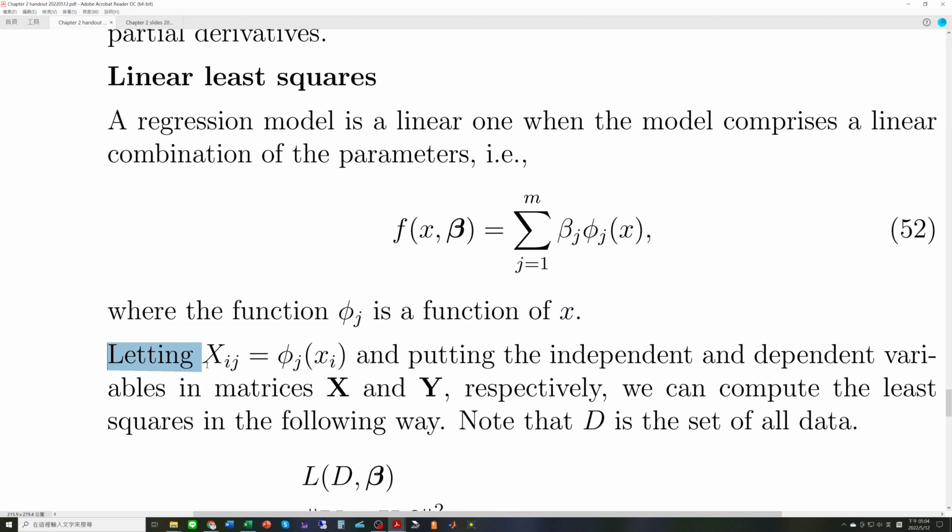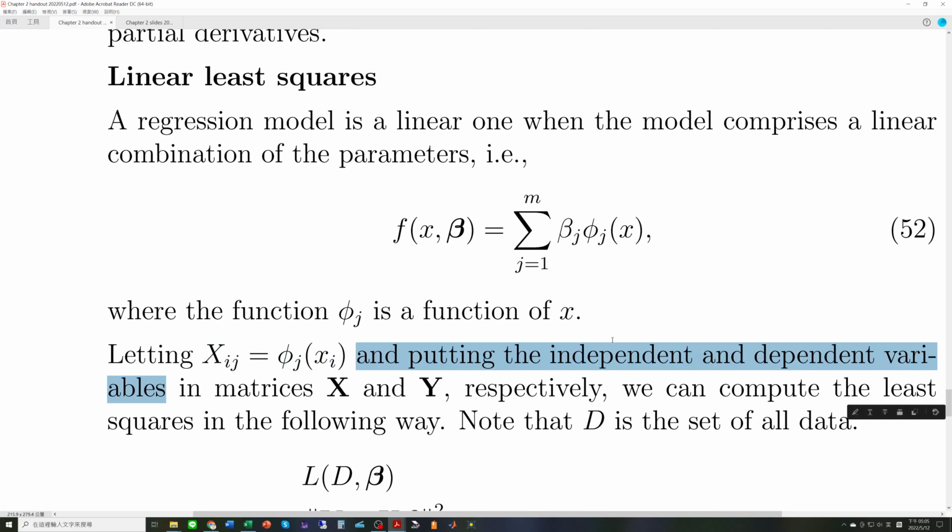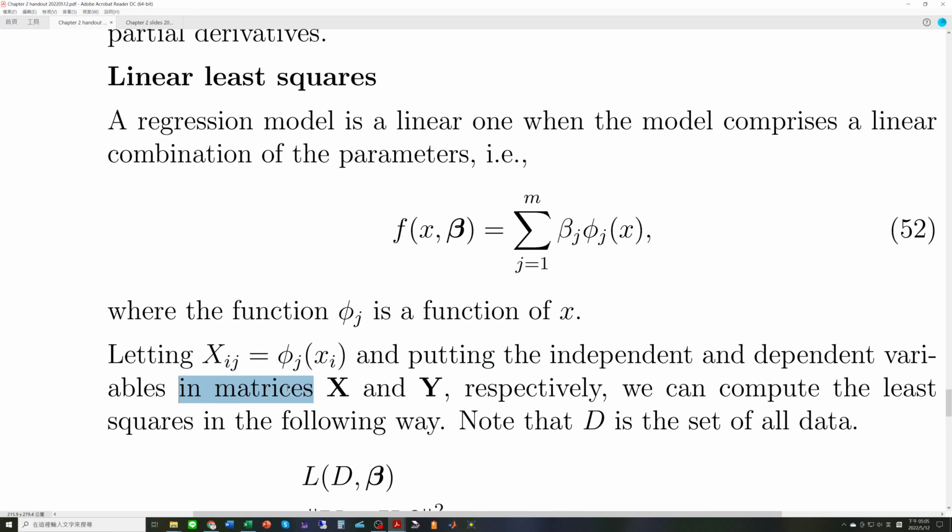Letting capital Xij be equal to phi j of small xi, and putting the independent and dependent variables in matrices capital X and capital Y respectively, we can compute the least squares in the following way.